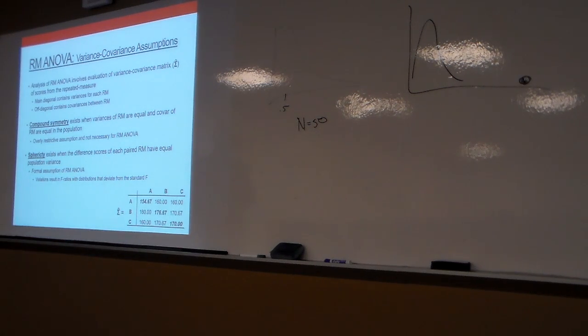Okay, and we would say that a variance-covariance matrix demonstrates sphericity if the difference scores of each paired repeated measure have equal population variance. Right.